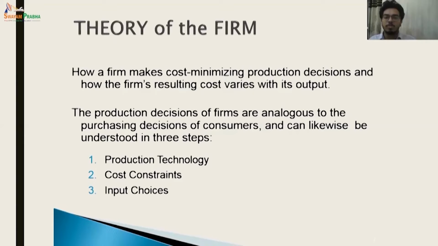So the cost minimizing production decisions, and how the firm's resulting cost varies with its output. That means, given the cost, how much production they can make. So either given a cost, maximize the production, or given a production, they can minimize their cost.